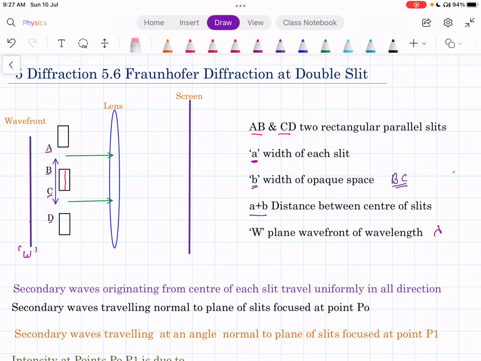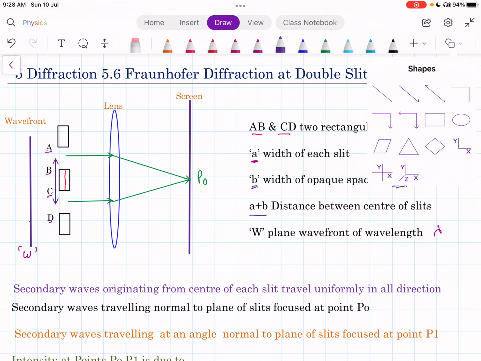These rays are brought to focus at point P0. This is the point P0. So at point P0, which secondary rays are reaching? Those secondary rays which are traveling from the center of each slit in a direction normal to the plane of the slits are reaching at point P0.